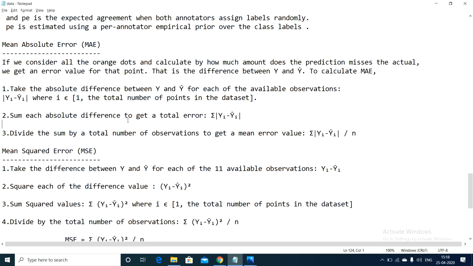Let us store the sum in one variable. What exactly does mean represent? Sum divided by the total number of instances. So divide the sum by the total number of observations to get the mean error.